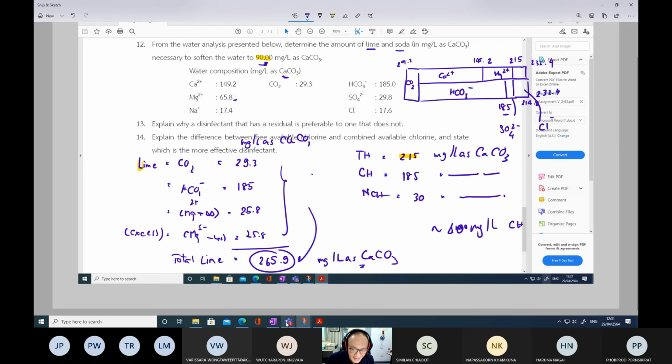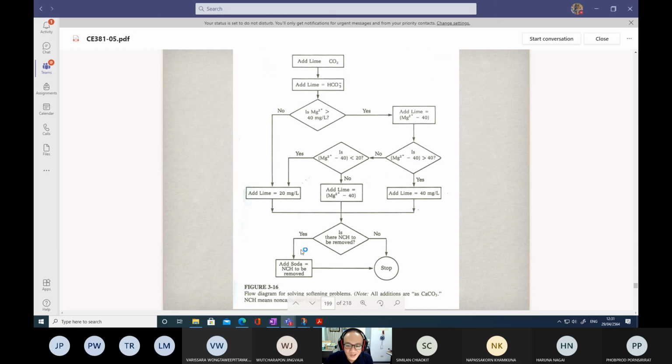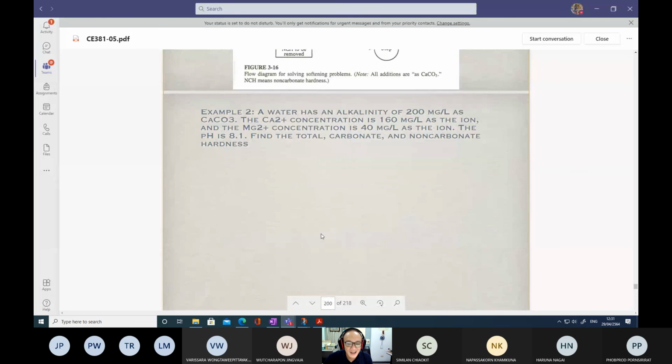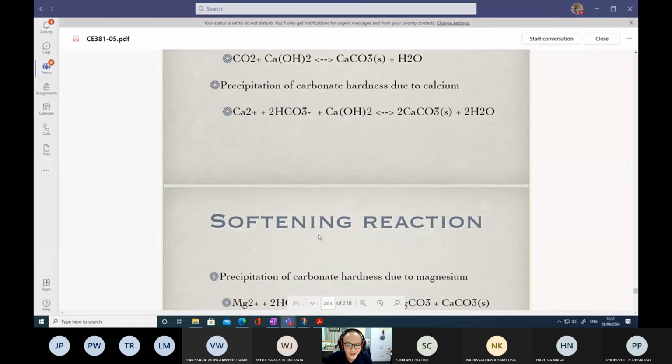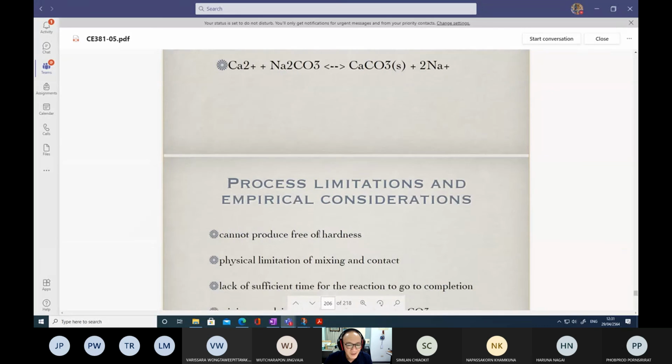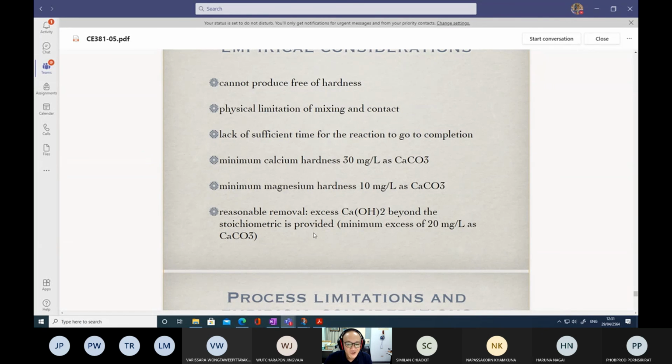This is the limitation of this process. Even if we add excess lime, still 40 milligrams per liter as calcium carbonate remain.